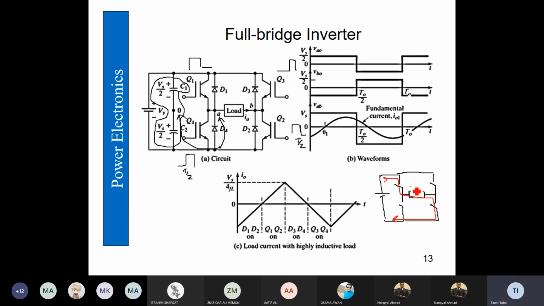So this is the current flow from Q1 through the load, and then Q2 is on.